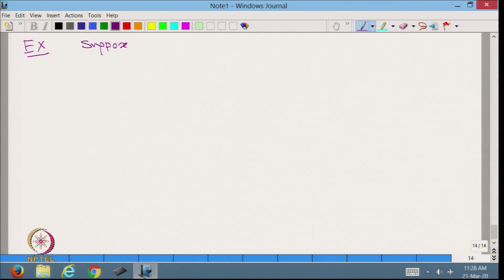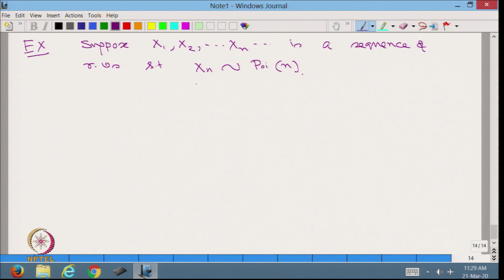Suppose X_1, X_2, ..., X_n is a sequence of random variables such that X_n is distributed as Poisson with parameter n.